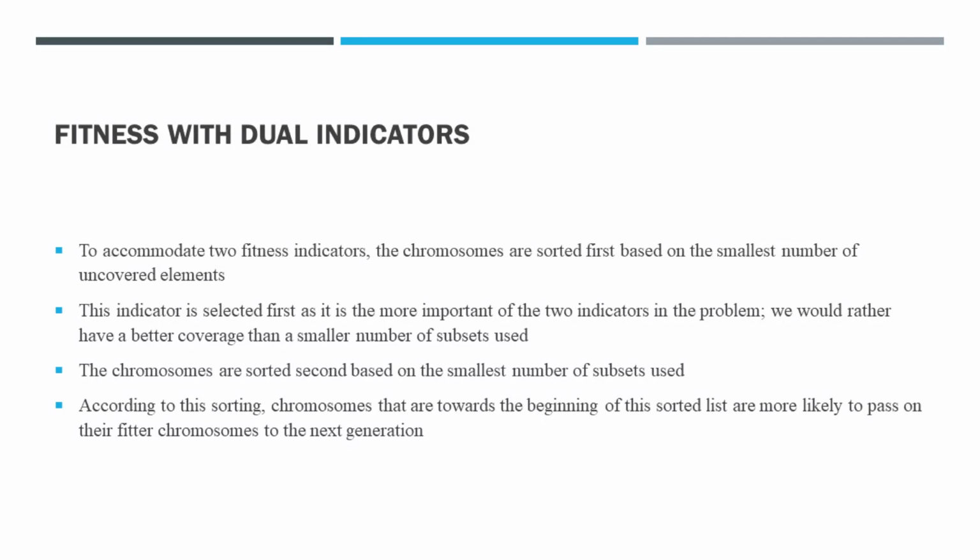We would rather have a better coverage than a smaller number of subsets used. So the chromosomes are sorted secondly based on the smallest number of subsets used. And according to this sorting, chromosomes that are towards the beginning of the sorted list are more likely to pass on their fitter chromosomes to the next generation.